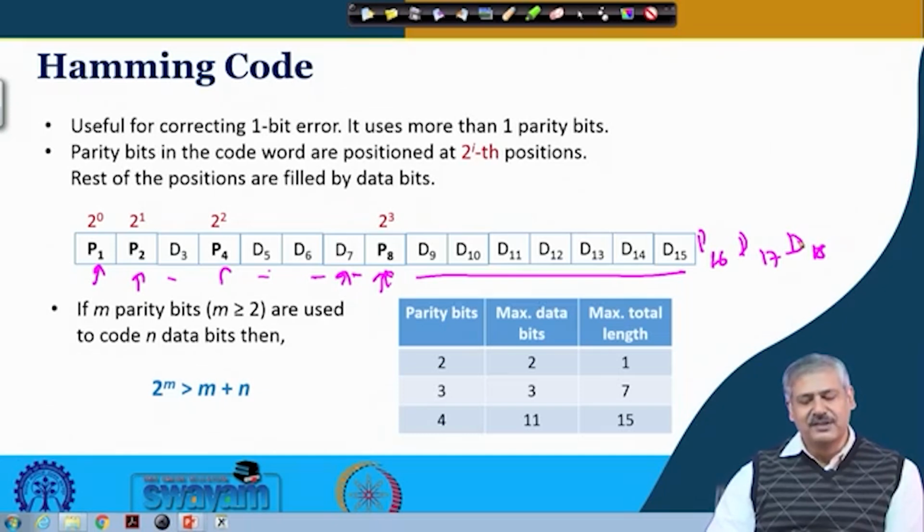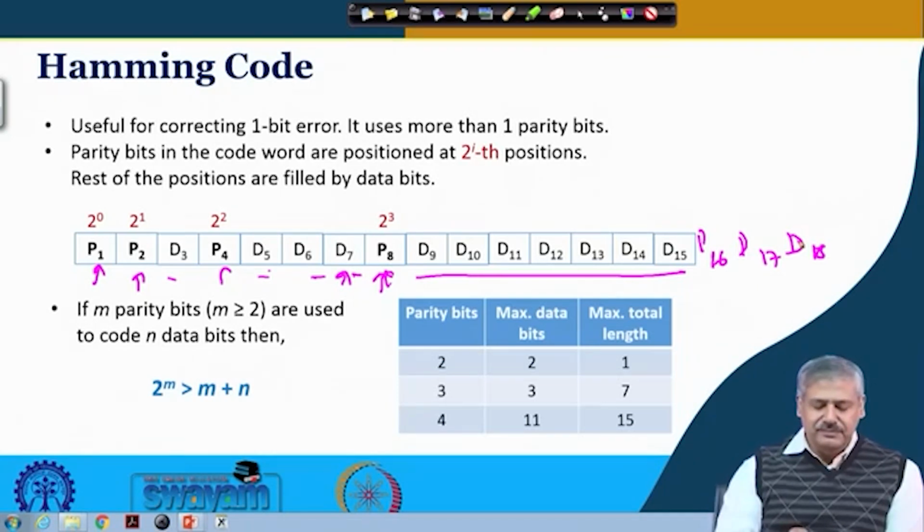Is it clear? With this we can understand that with m parity bits, if the number of message or data bits that we can code is n, then 2 to the power m needs to be greater than or equal to m plus n.